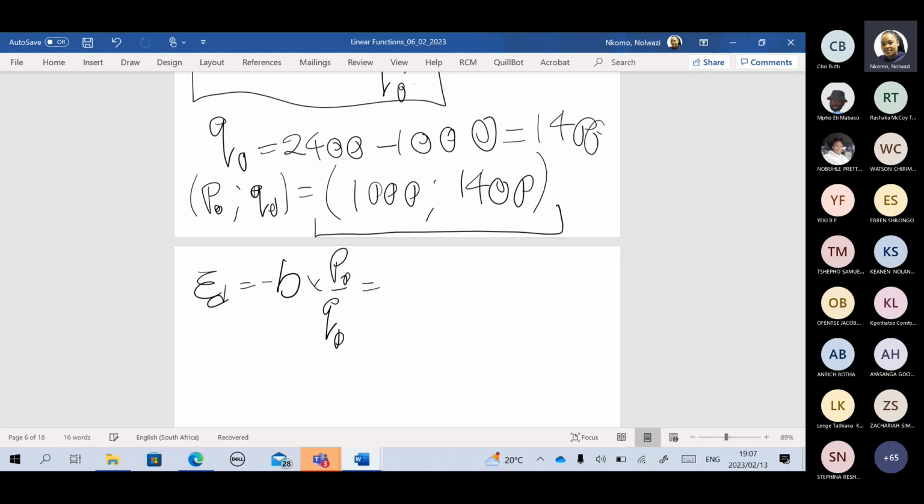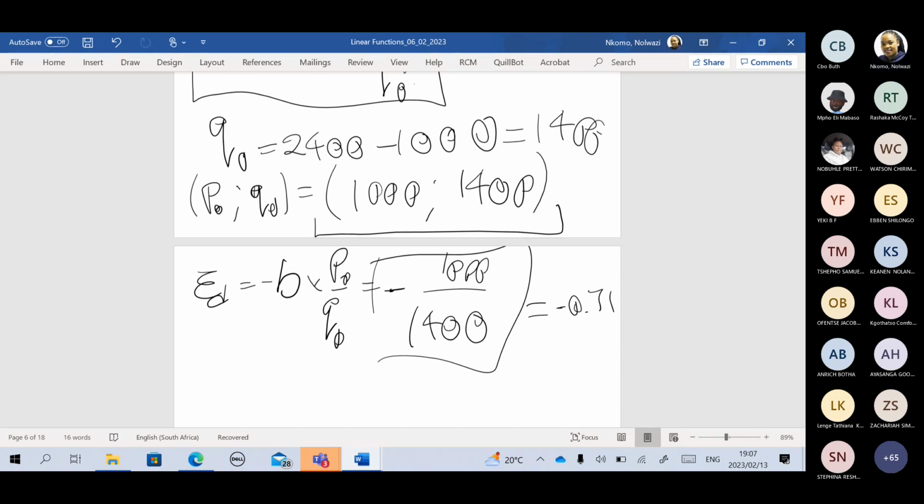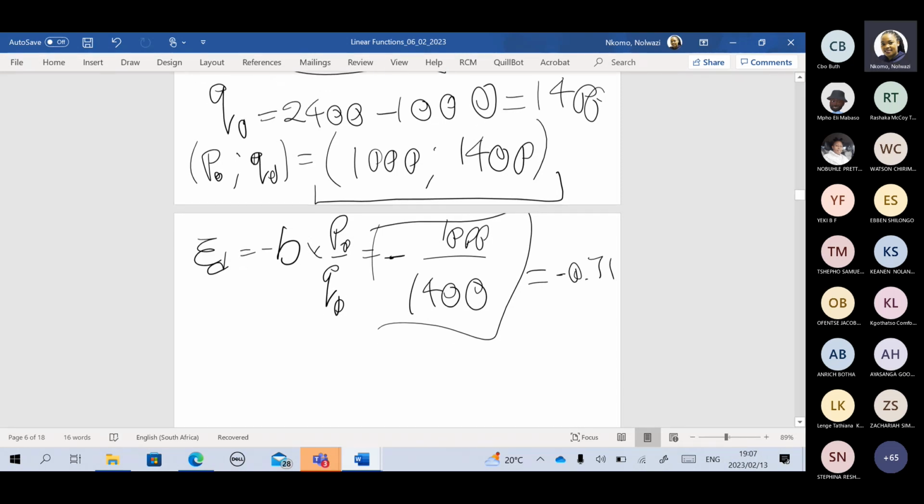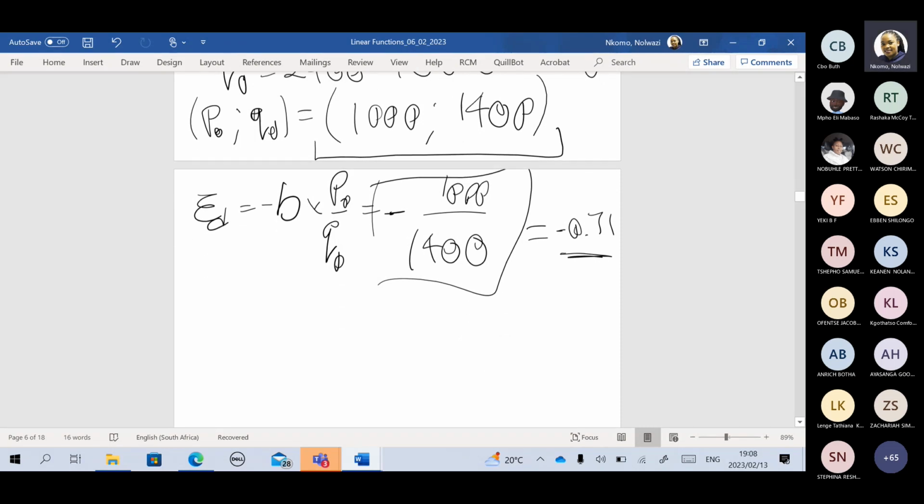We have B equals -1, P naught is equal to 1,000, and Q naught is equal to 1,400. If you punch this in your calculator, you should have -0.71. This -0.71 is the point elasticity of demand.